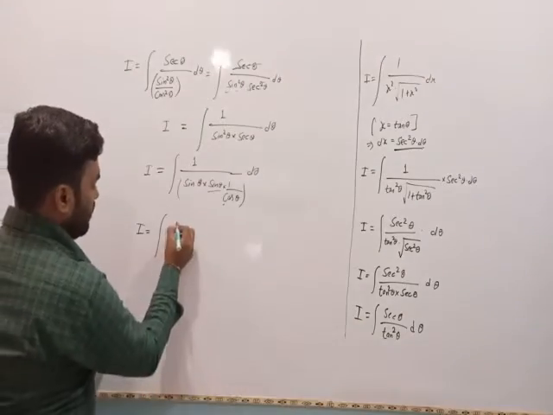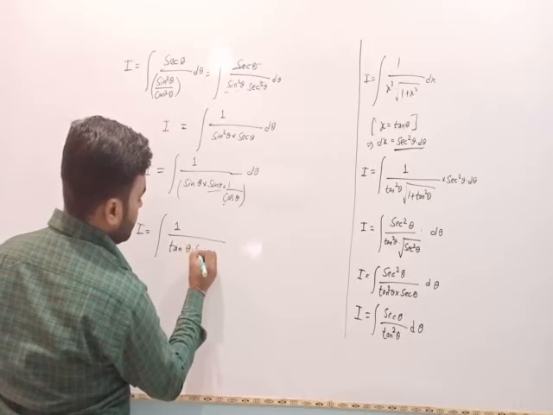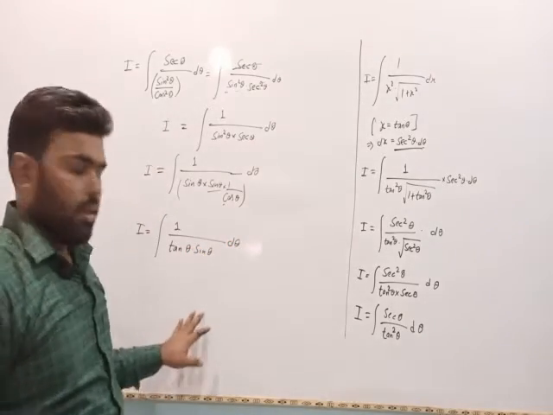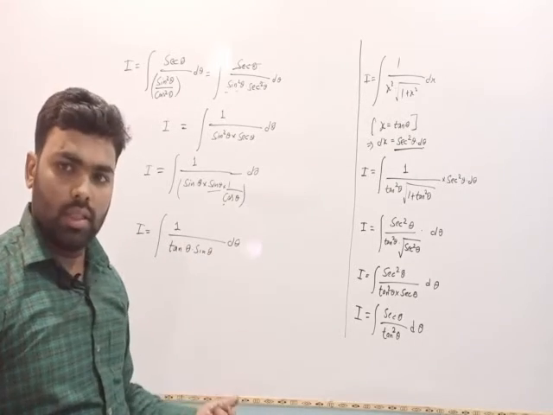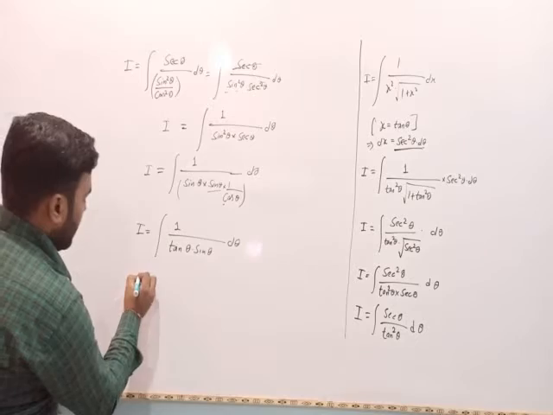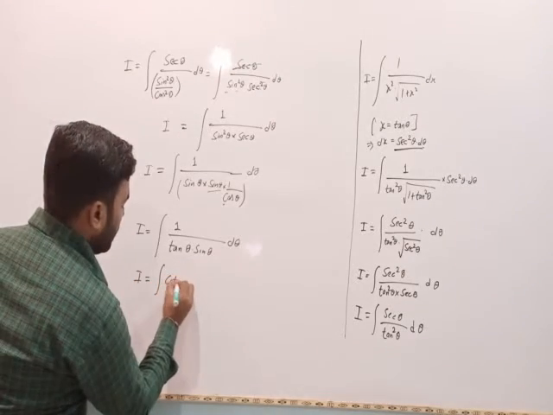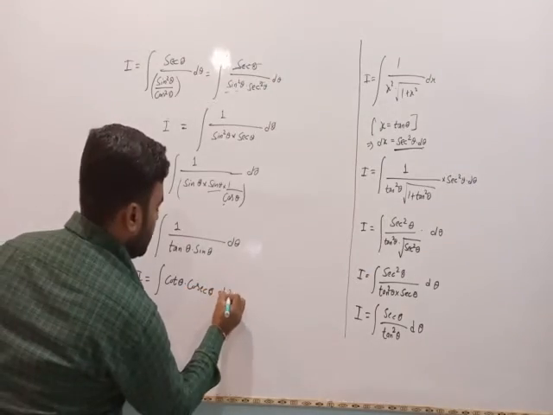So we can write 1 upon tan theta into sin theta d theta. Now 1 upon tan theta and 1 upon sin theta become cot theta and cosec theta respectively. So I will be equal to integration of cot theta into cosec theta d theta.